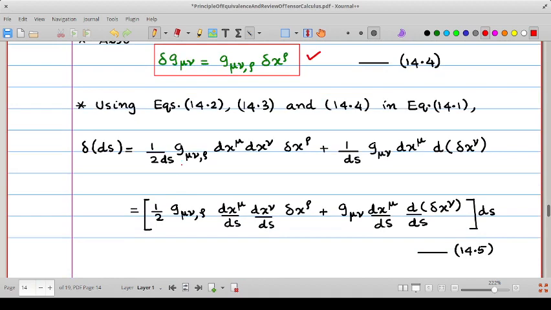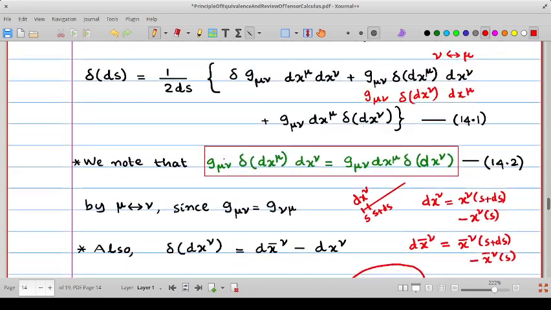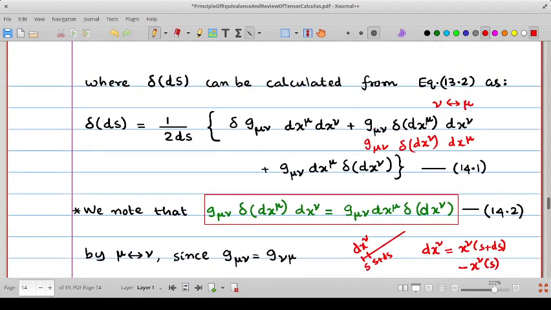Then the remaining terms, these two terms together become 2 times g mu nu dx mu delta dx nu.